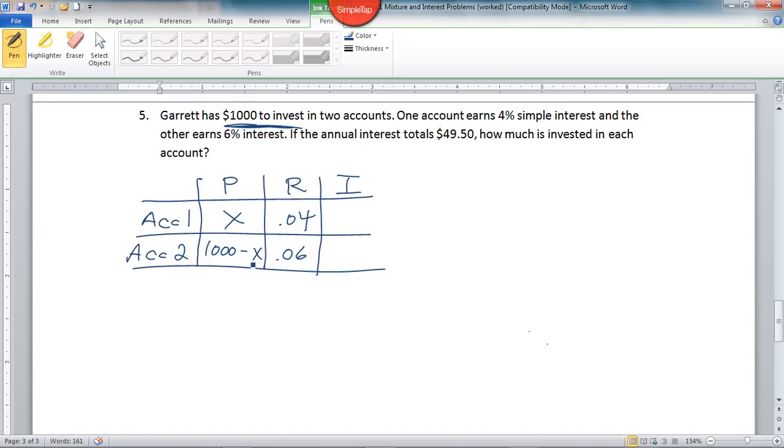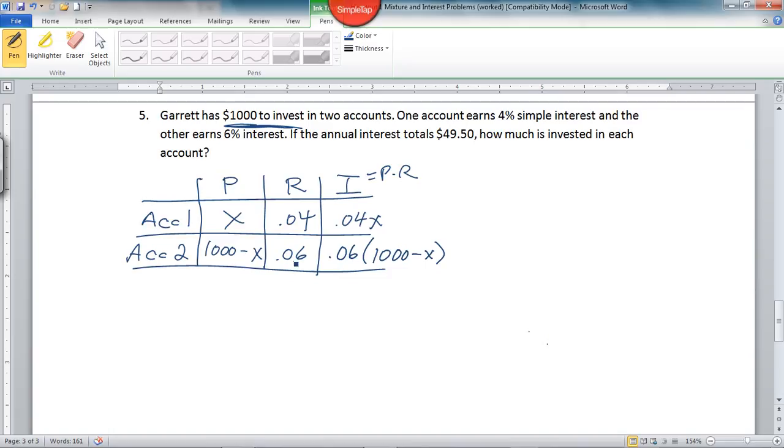So once I've got all those in place, then I can say, well, the interest, principal times rate, isn't it? We're talking annual interest, so it's just principal times rate. Multiply the principal times the rate in each case, so I've got 0.04 times x, and then 0.06 times 1,000 minus x. That's the principal times its rate.